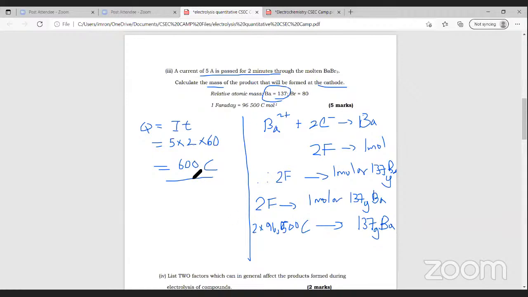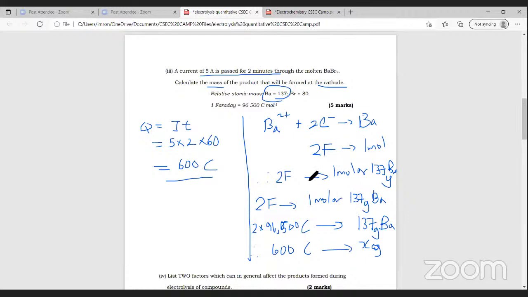But we used only 600 coulombs. So therefore, 600 coulombs would produce what mass? What mass? That's what we're trying to find out.